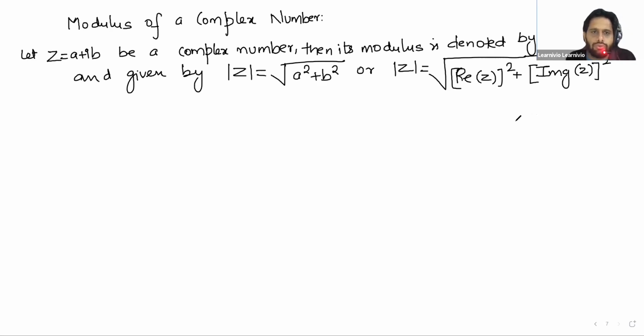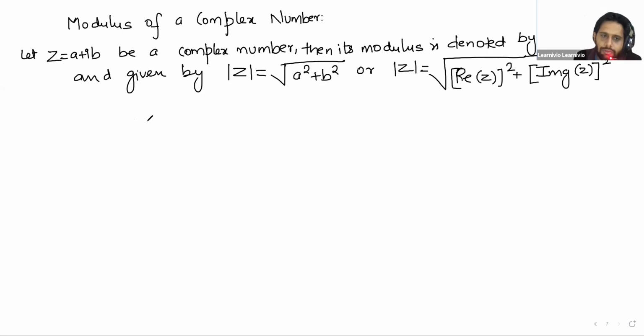Yusra and Safan, is this clear? Yes, sir. So if Z is equal to a plus iota b is a complex number, then the modulus will be equal to under root of a square plus b square. What is a? Sorry, a is the real part. And what is b? b is the imaginary part.